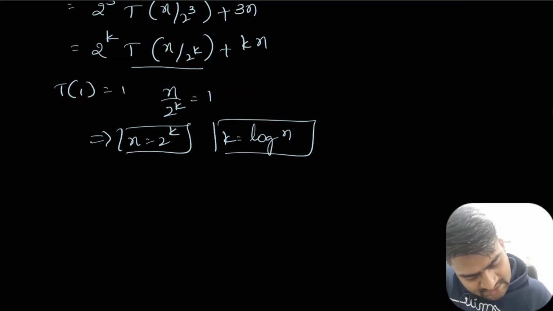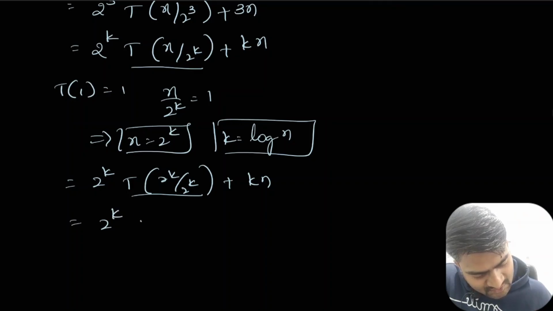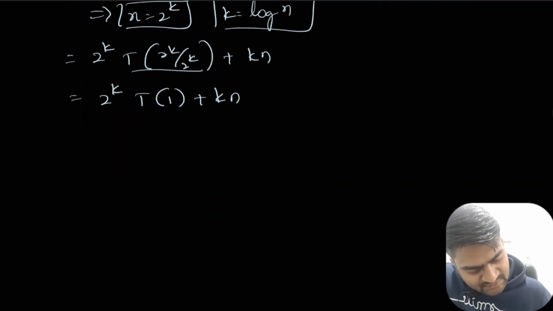If I do that, this 2 to the power k will become n, or let's keep that 2 to the power k only. This becomes 2 to the power k t of 2 to the power k divided by 2 to the power k, plus kn. So now if I simplify this, it becomes 2 to the power k t of 1 plus kn, and this one we know is 1.